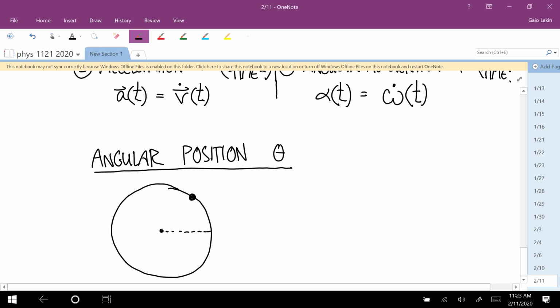Then the angular position is the counterclockwise angle from that reference line. So this is the desired point on the circular path.